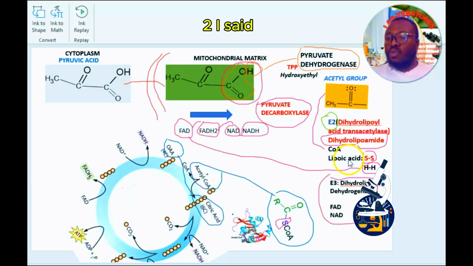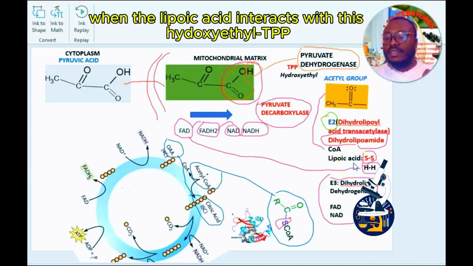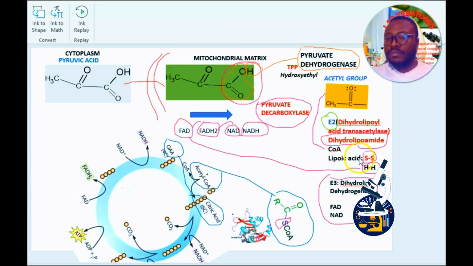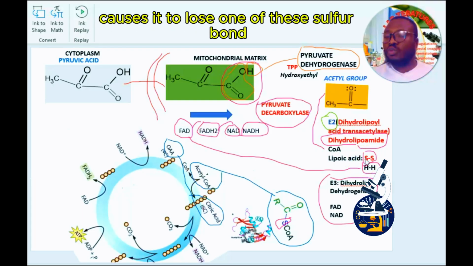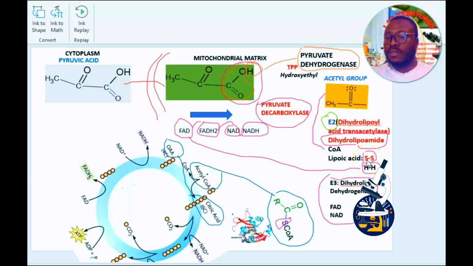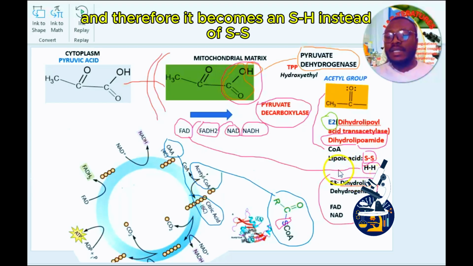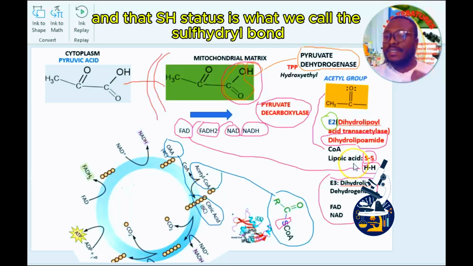Two, I said when the lipoic acid interacts with this hydroxyethyl TPP complex, the electron transfer between them causes it to lose one of these sulfur bonds, and therefore it becomes an SH instead of SS, and that SH status is what we call the sulfhydryl bond.